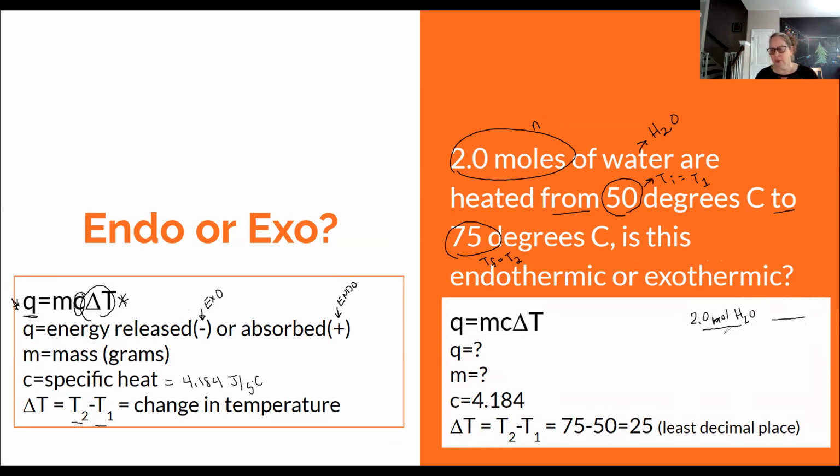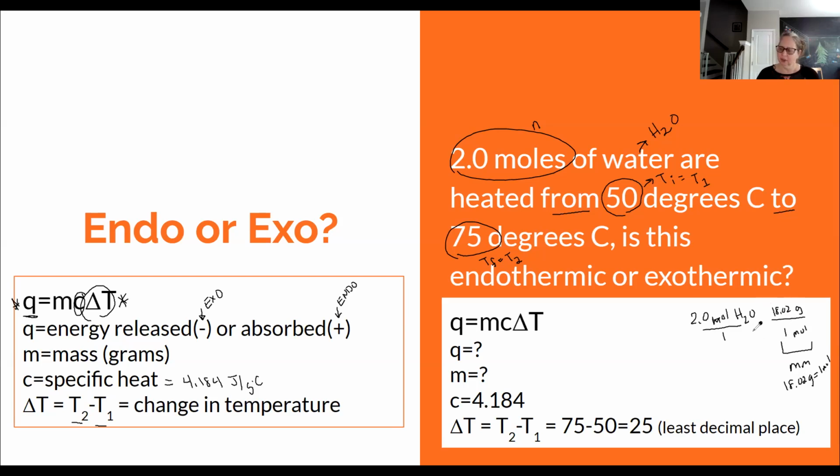Okay. 2.0 moles of water over 1, and I'm going from moles to grams. So the from always goes on the bottom, the to goes on the top. Grams to moles, that's my molar mass. And I know 18.02 grams equals 1 mole.